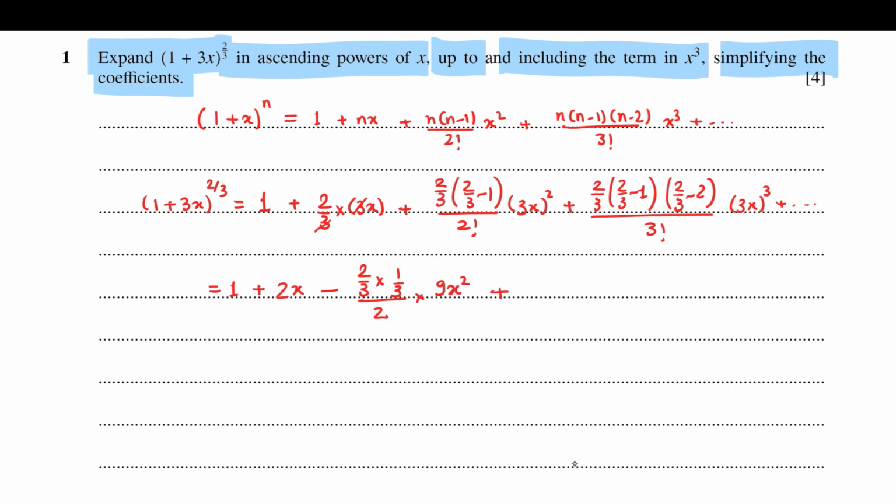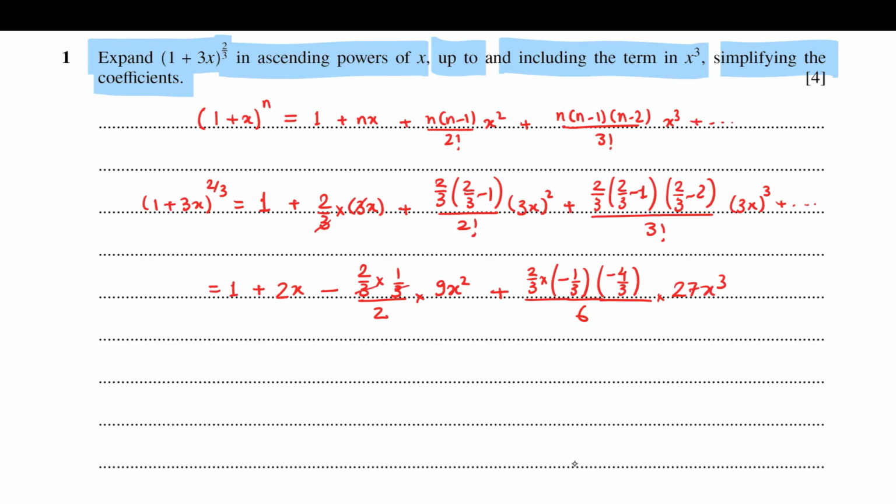The last term is 2/3 multiplied by minus 1/3, and then 2/3 - 2, that is minus 4/3, over 3 factorial, that is 6, and then (3x) cube, that is 27x cube here.